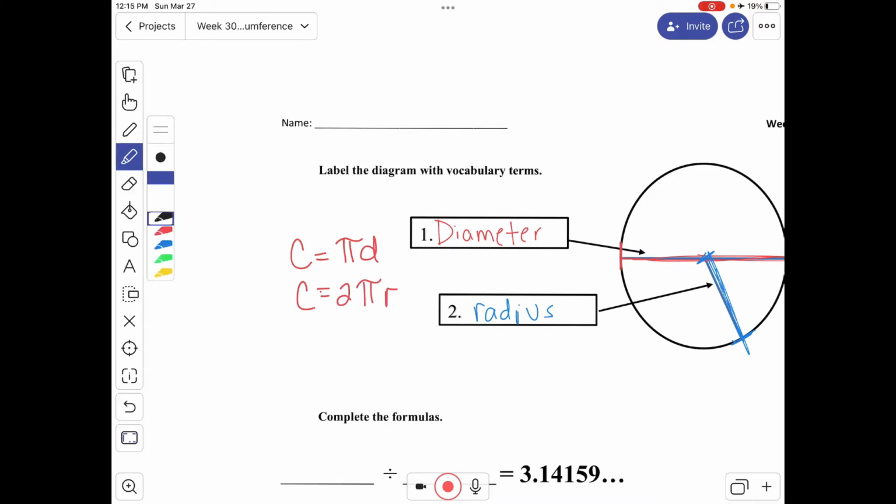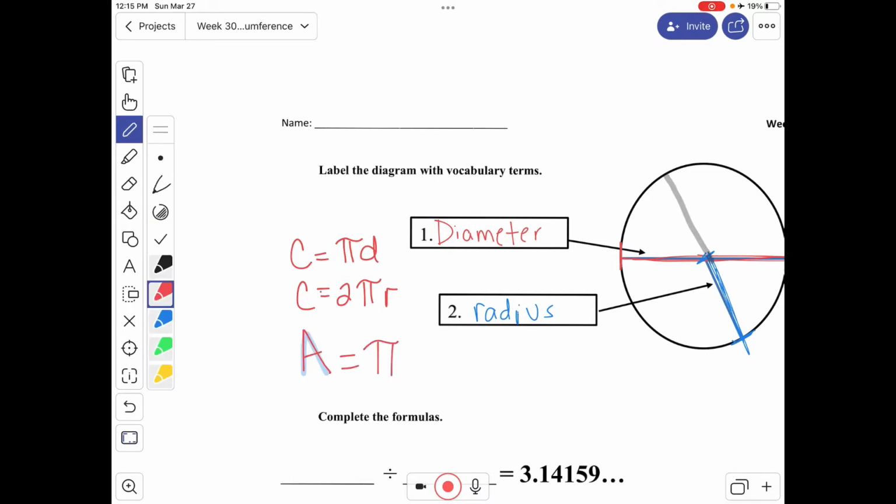Remember, it takes 2 radius together to make a diameter. So this is just 2 times radius to get the diameter. The other formula that uses this is area. And area is pi times radius squared.